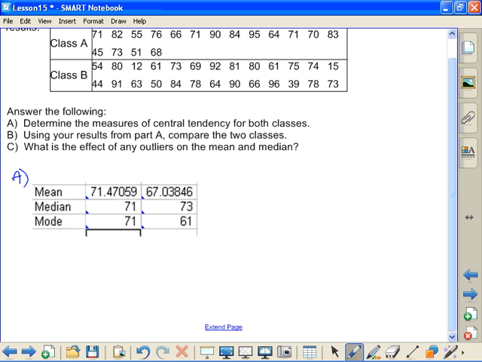Part B: using your results from part A, compare the two classes. If we compare the two classes, we'll start with the median.